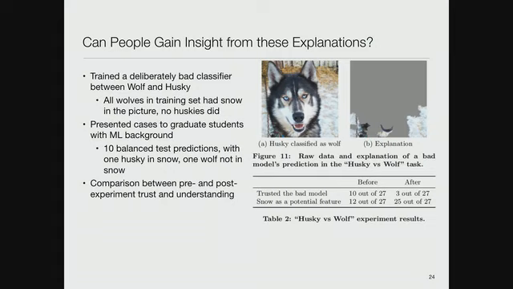Before, only 12 out of 27 students mentioned snow as a potential feature in this classifier, whereas afterwards almost everybody did. So again, this tells you that the method is providing some useful information.